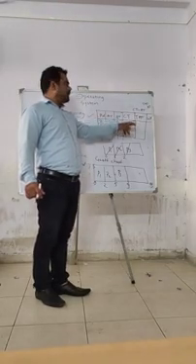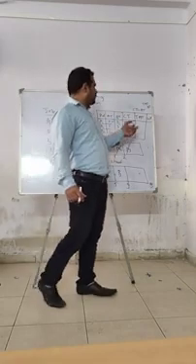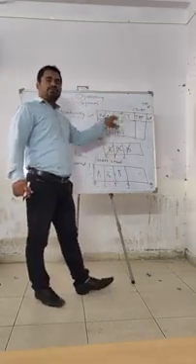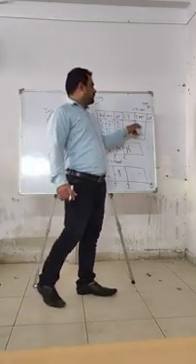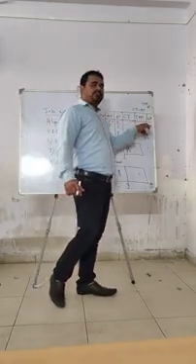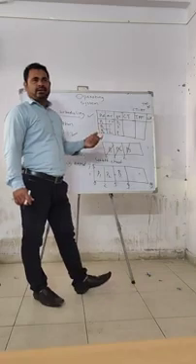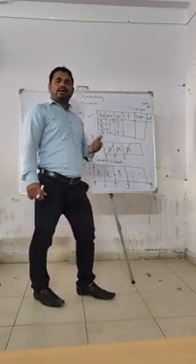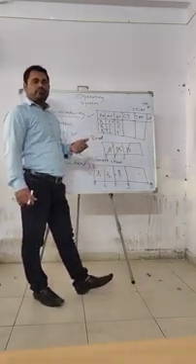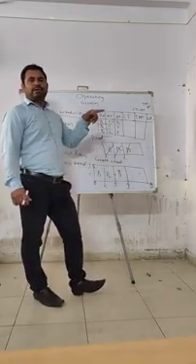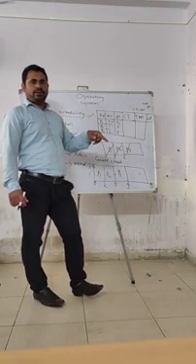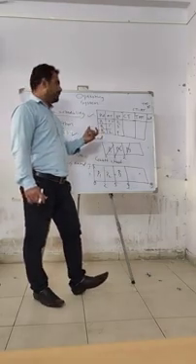Turnaround time is the time required by the process from its arrival to its completion. After that we will calculate the waiting time. Waiting time is the time spent by a process in the ready queue from its arrival to the first time getting the CPU. Okay, that's the waiting time.